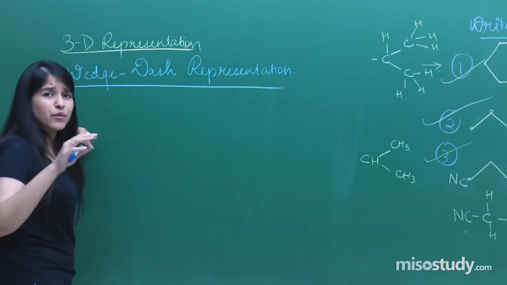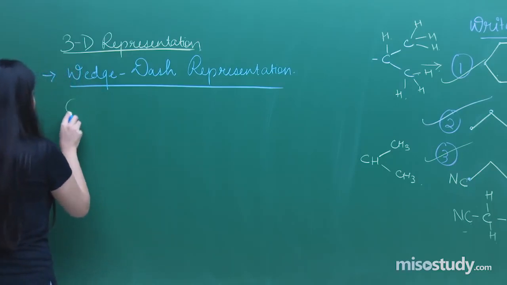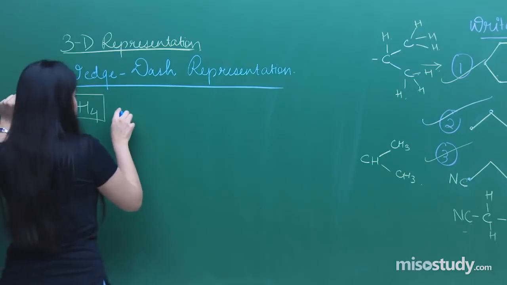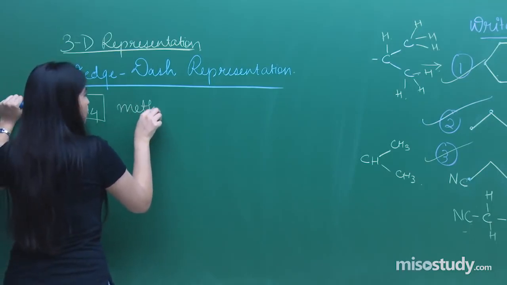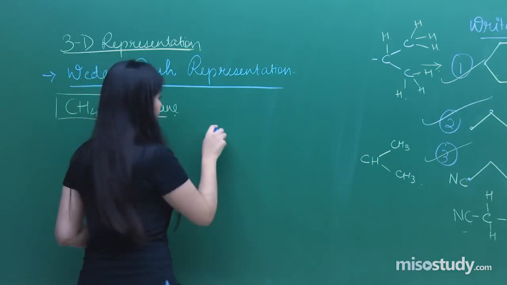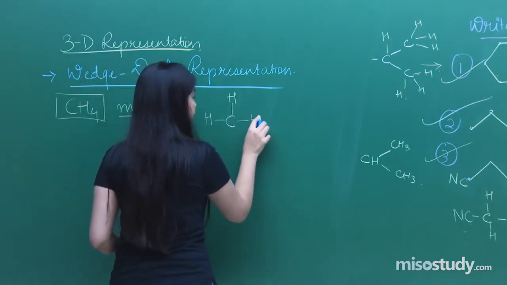I am taking up a very simple molecule over here, that of methane. We have discussed the condensed formula for methane. What is the structural formula for methane? The complete structural formula is like this.